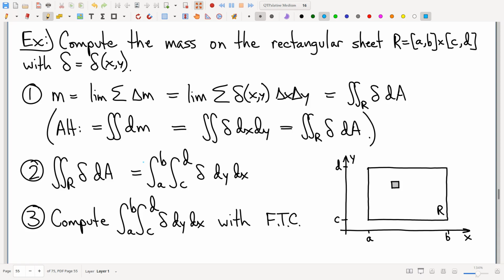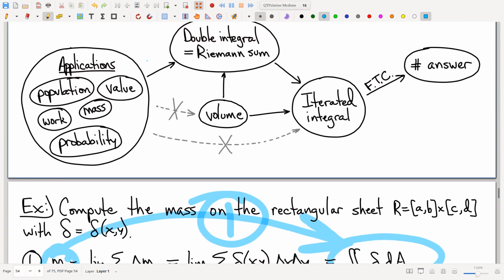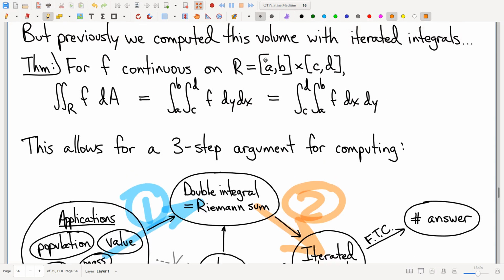Okay, so we have talked now about what I'm going to call step 1 of the argument. Let me remind you, that's up here. That's step 1. We've turned an application into a Riemann sum. Step 2, apparently I'm going to have to turn the double integral Riemann sum into an iterated integral, and we have a theorem for that right here.